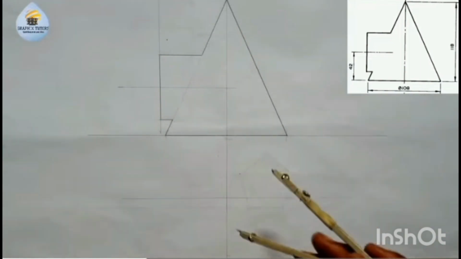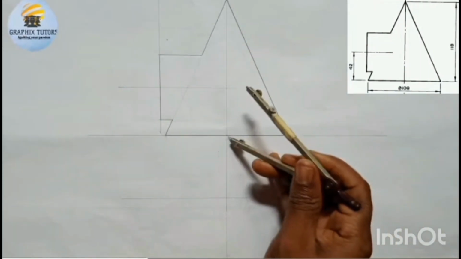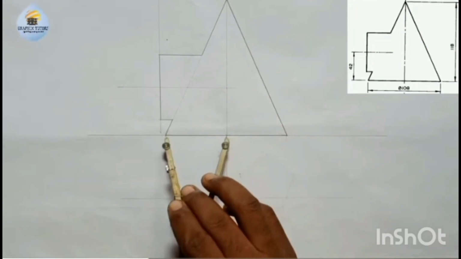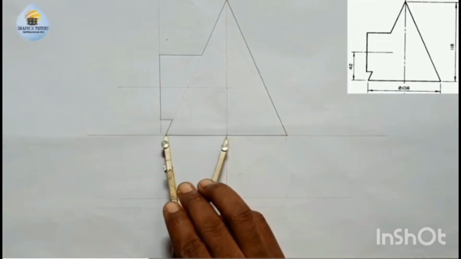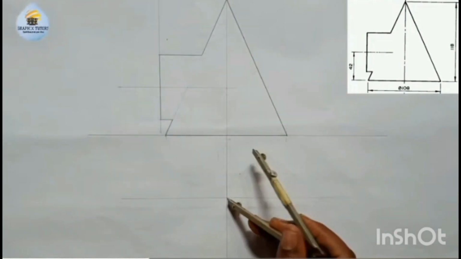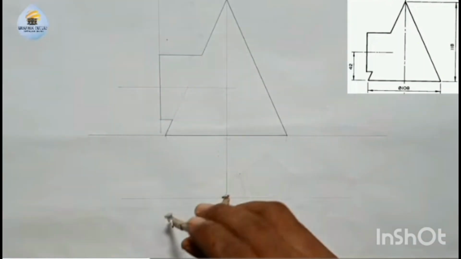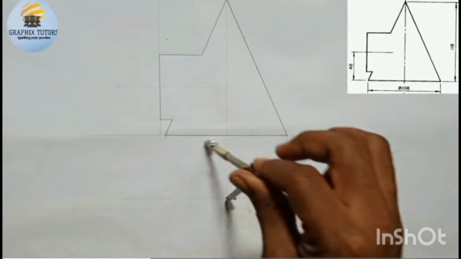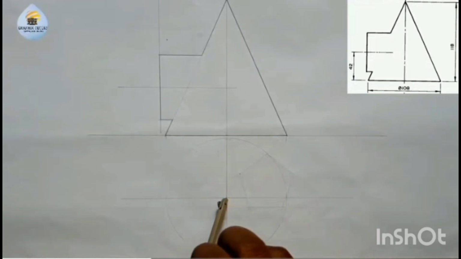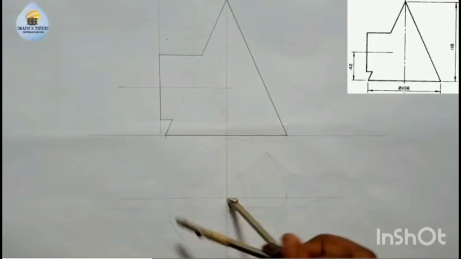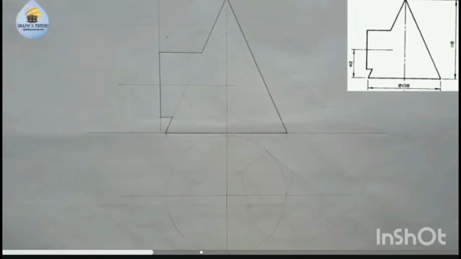So if I place my meter, I will now take the radius of this to here. You can see that. Now place it at the center here. Then I'm going to draw a circle, faint line this way. I'll draw a circle, faint this way first of all, right?